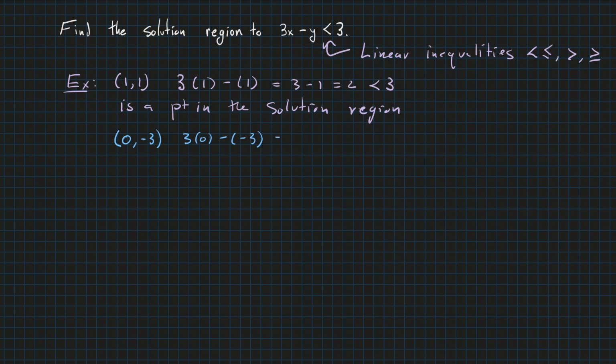So this is in fact equal to 0 minus 3 with the sign flipped, which is 3. Now if we compare it with the value 3, that is not less than 3. So this is not a point in the solution region, but it is a point on the line.